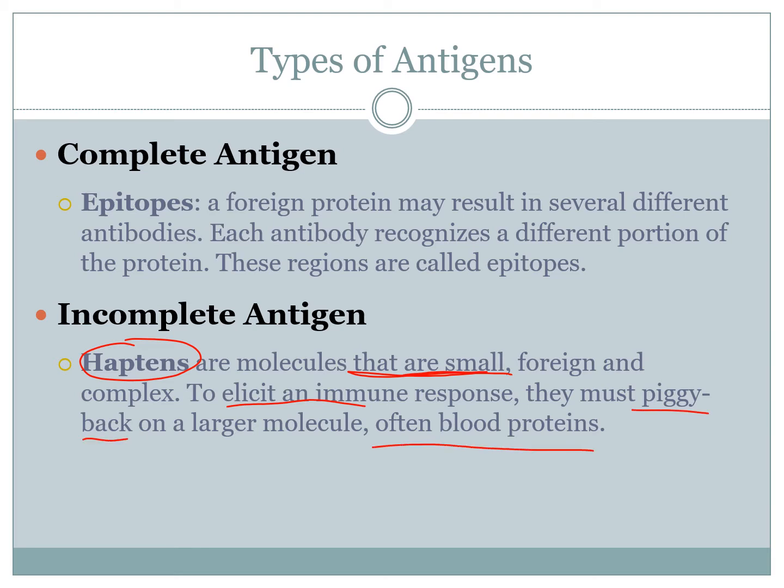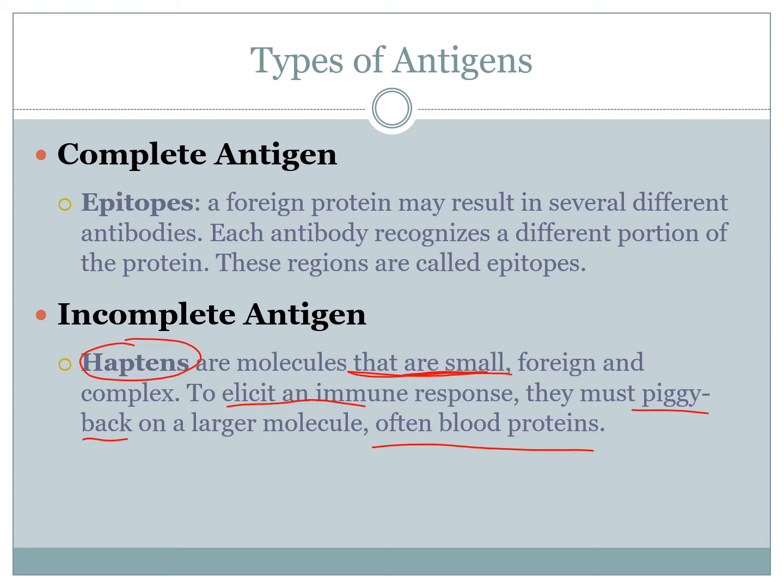If it binds with the blood, then all of a sudden it can be seen as a true antigen and therefore elicit the immune response. By itself, it floats around the body completely harmless, going undetected. So those are the different types of antigens that are out there. Every time I refer to an antigen, I mean some form of foreign threat.